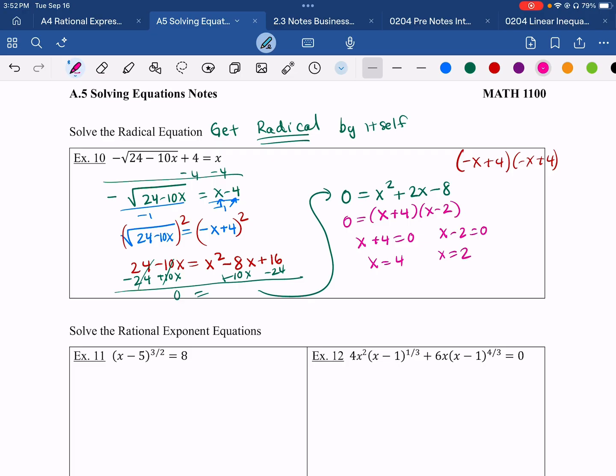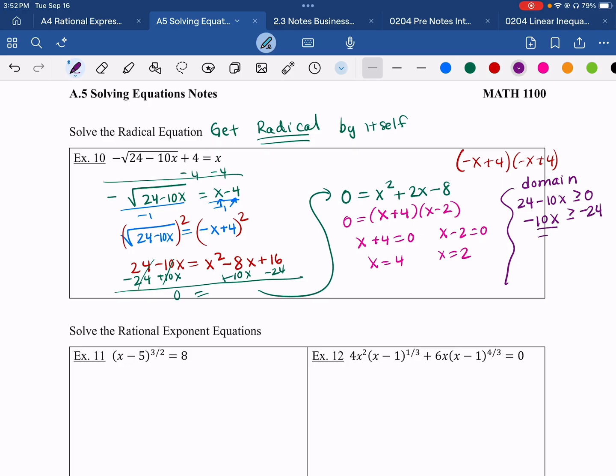All right, what's our rule for square roots? Inside the square root, it has to be greater than or equal to 0. So for my domain, 24 minus 10x needs to be greater than or equal to 0. Subtract the 24, negative 10x greater than or equal to negative 24.